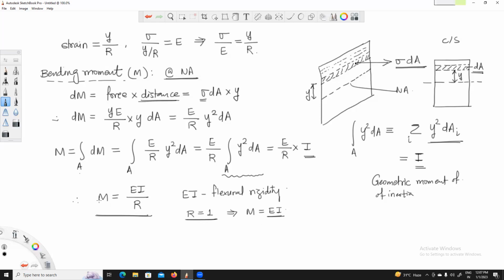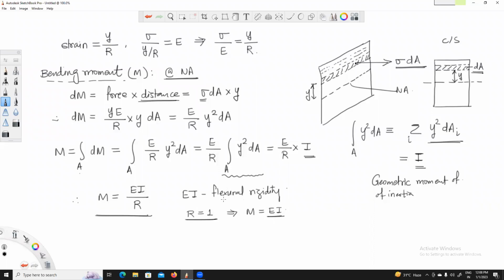It is that value of bending moment M which can produce the unit value of radius of curvature. So this is how we define flexural rigidity. It is actually the multiplication of Young's modulus of the material of the beam and the geometric moment of inertia of the cross section of the beam.